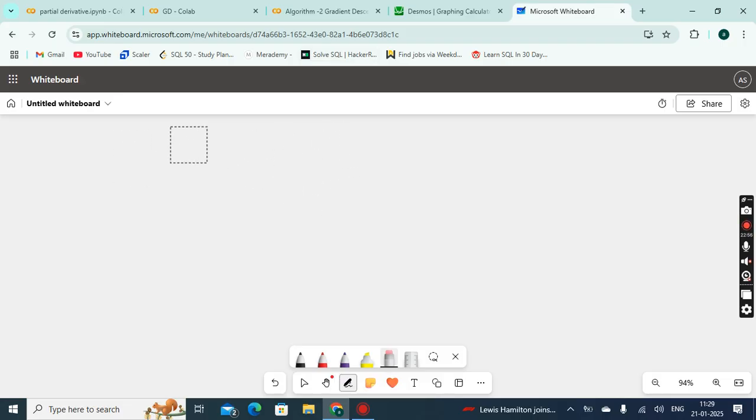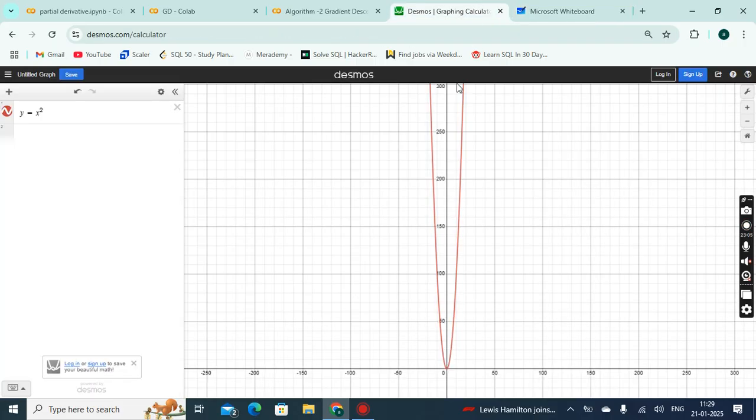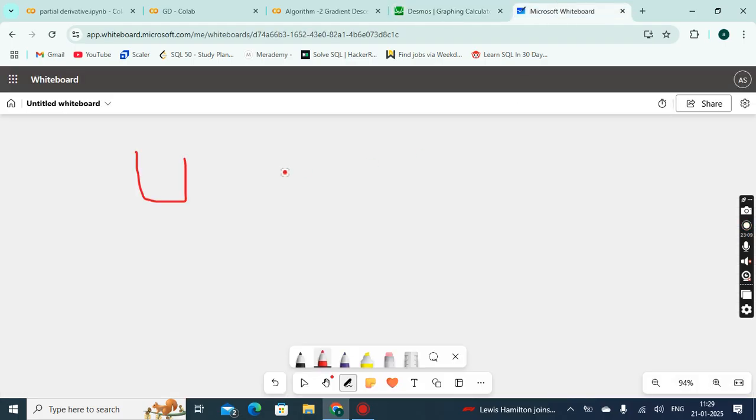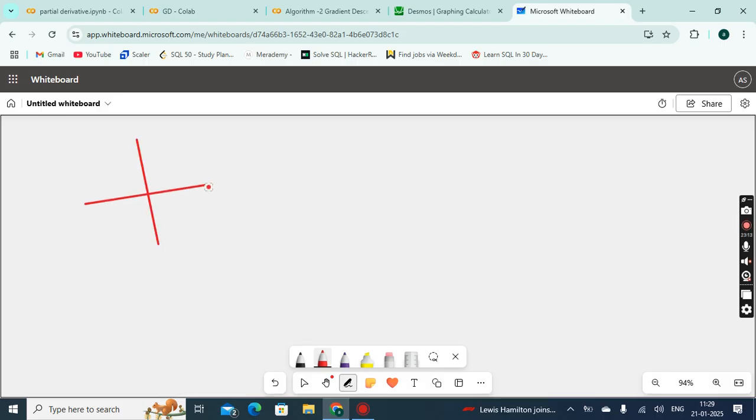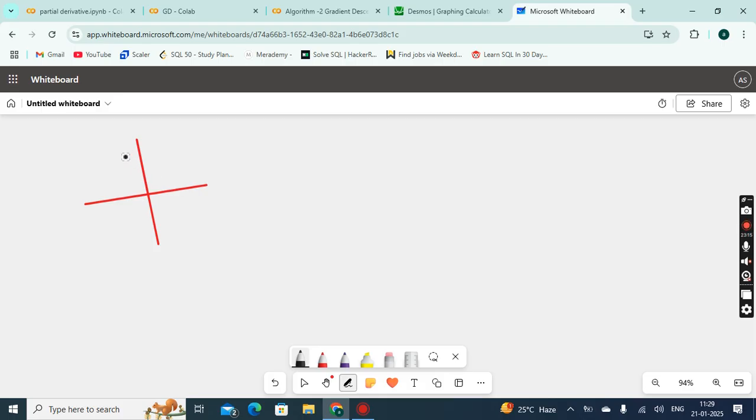How do we calculate the slope? Let's see that part first. Now you can just see this graph, this U-shaped graph. I'm just going to create that one. Let's just imagine this is that U-shaped graph.